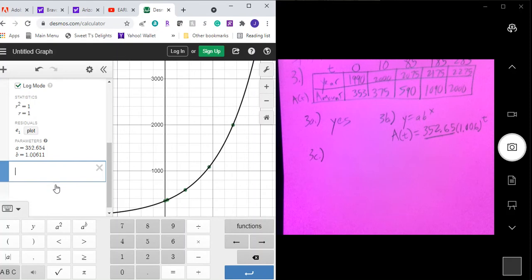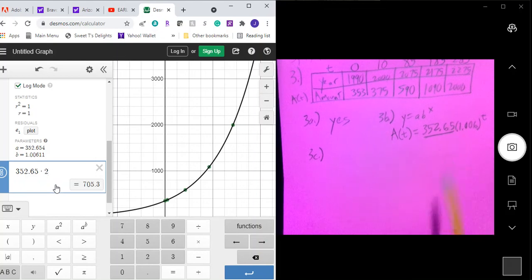So we'll take the 352.65 and multiply by 2. So what we want to find out is what year would this equation equal 705.3.